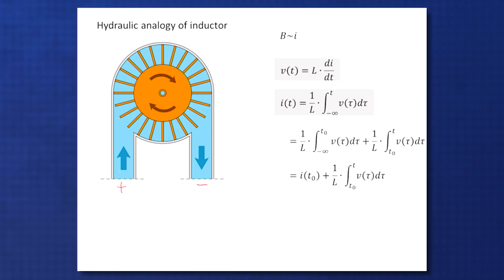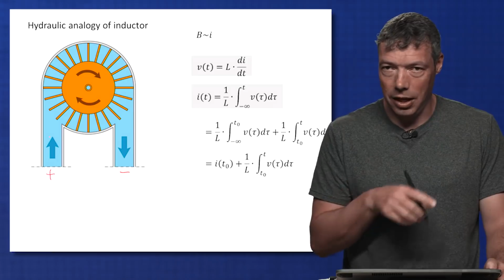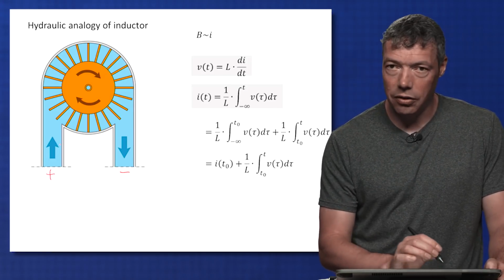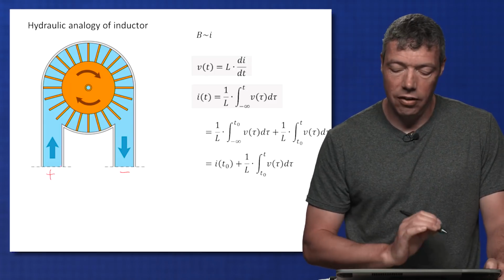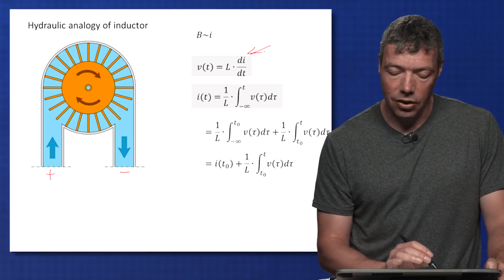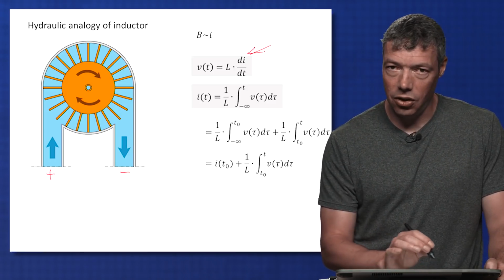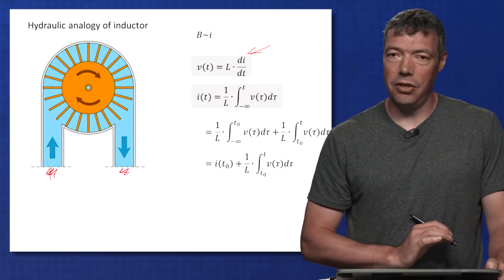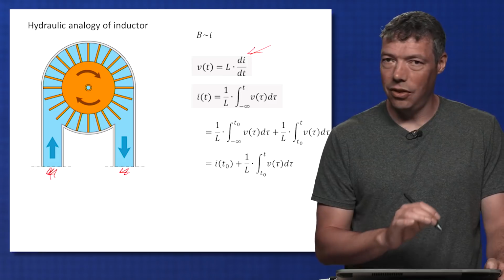How much I push determines how fast I'm spinning this wheel up, so how much of a change in current is going to occur. Now, once it's up and running, once it's spinning, and I'm not changing the current anymore, I don't need to exert any force. So if di/dt is 0, v is 0. Once this is spinning at a constant speed, I don't need any pressure difference anymore, right?